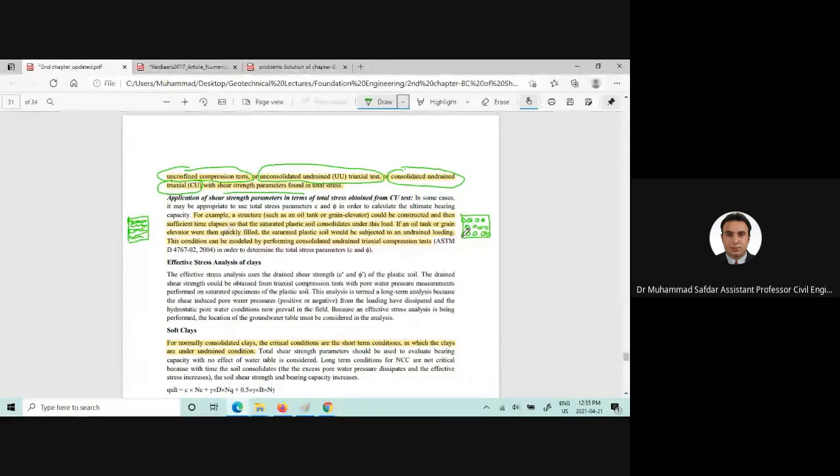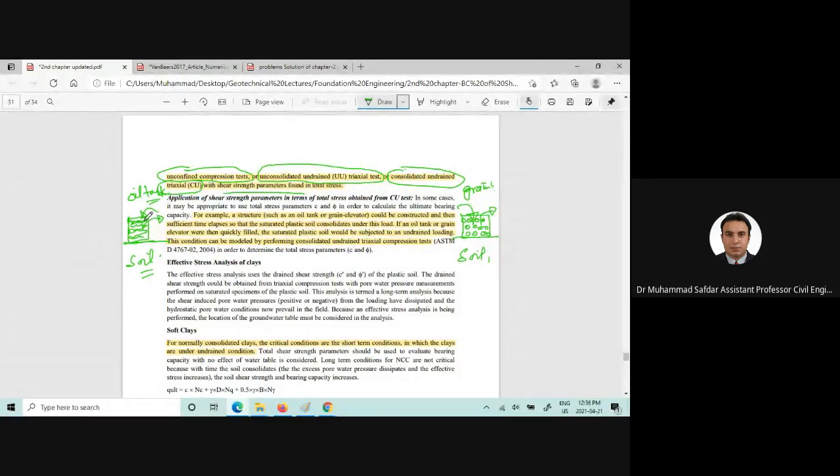If we are having wheat grains or an oil tank, and we empty this oil or these grains from the grain elevator or the oil tank, and here is the saturated soil, and then we immediately fill the grain elevator or the oil tank again.